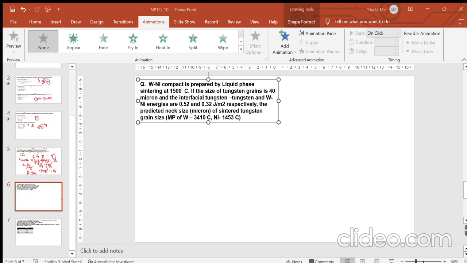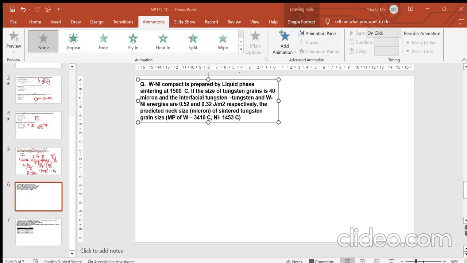Between tungsten and tungsten we have this interfacial energy, right? Between nickel and tungsten we have the interfacial energy of tungsten to nickel, and here also it is tungsten and nickel. Now based on this geometry you have to calculate the x by d ratio.